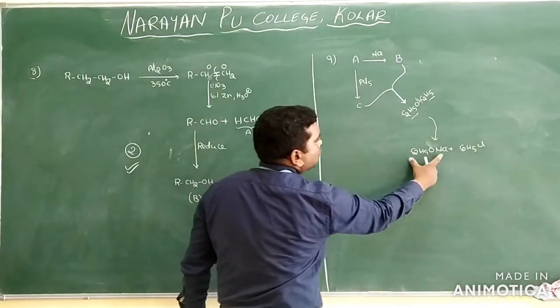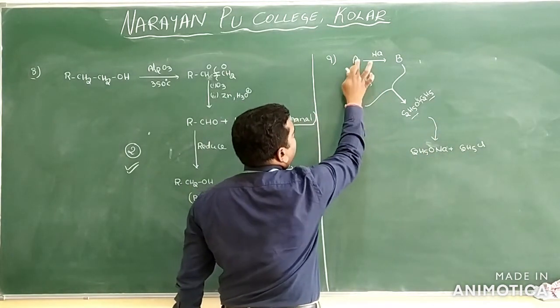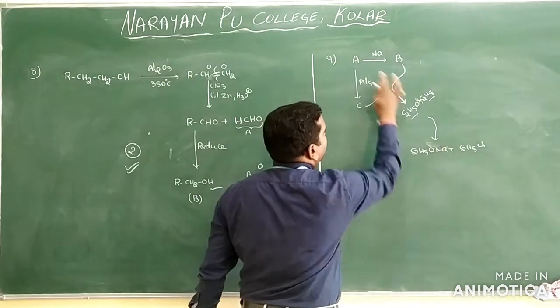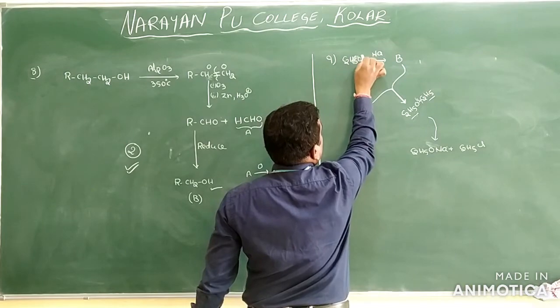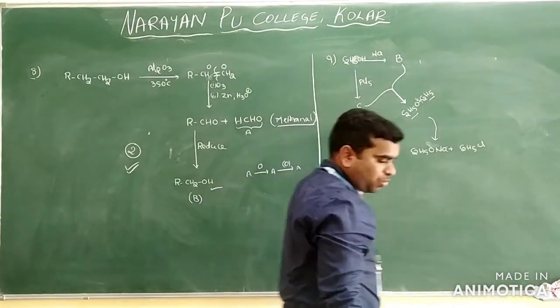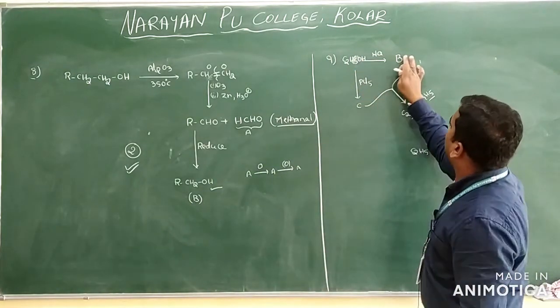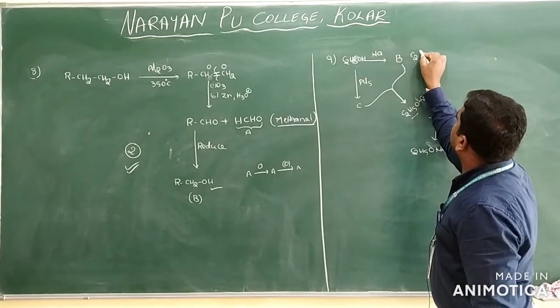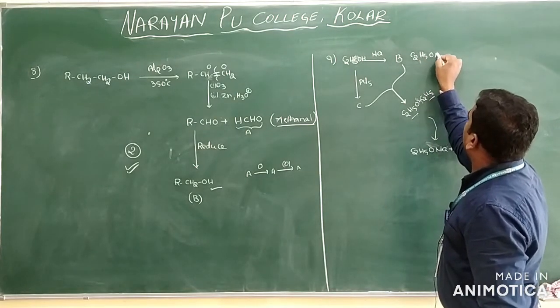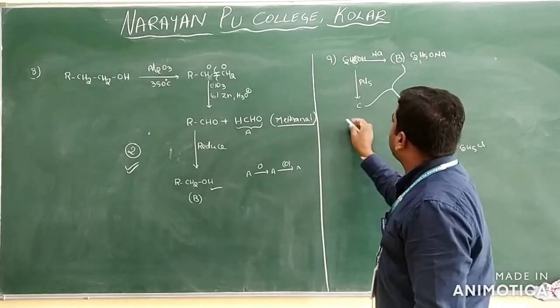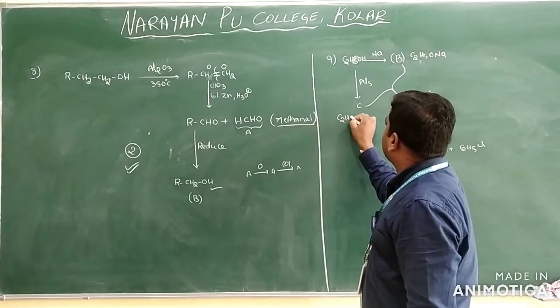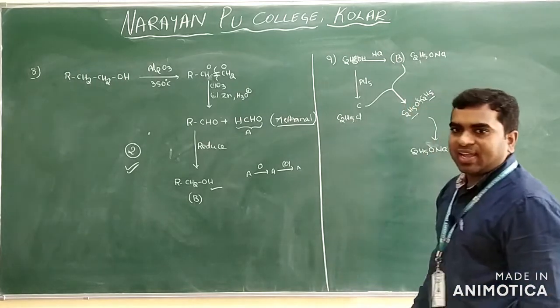So A should be an alcohol. If I write C2H5OH and react it with sodium, you get C2H5ONa. This is B. The same alcohol reacted with PCl5 gives C2H5Cl, an alkyl chloride.